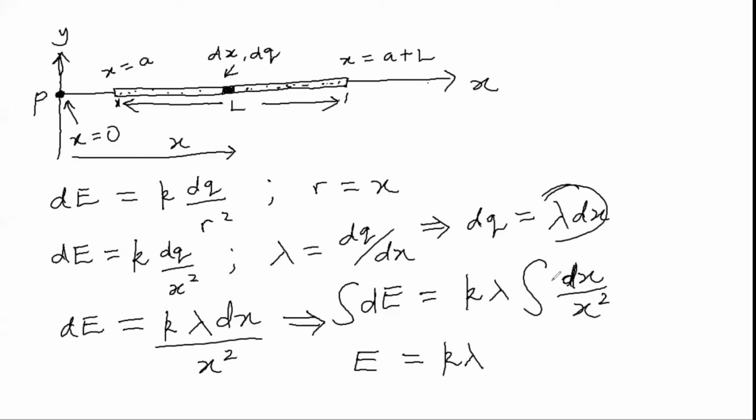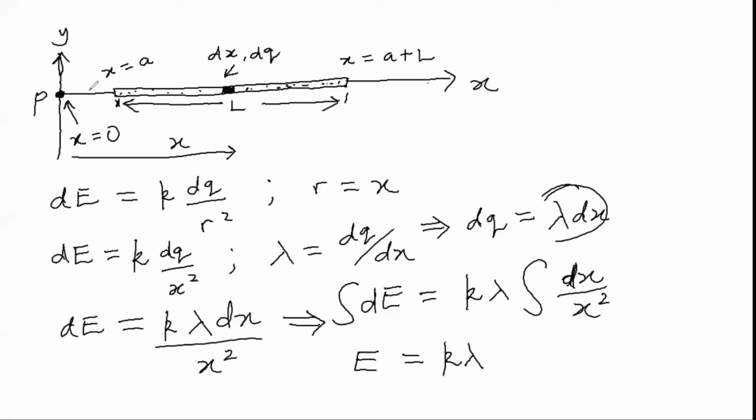Before we talk about the evaluation of the integral, let us talk about the limits, because this is a definite integral, so it must have limits. Its lowest value, I think we have already explained that. The lowest value of x is x equal to a, because that is where the charge is starting from.